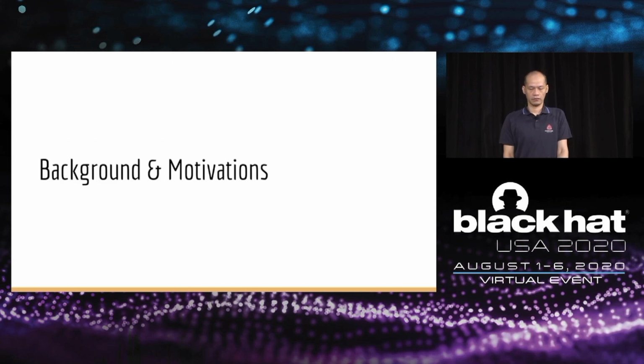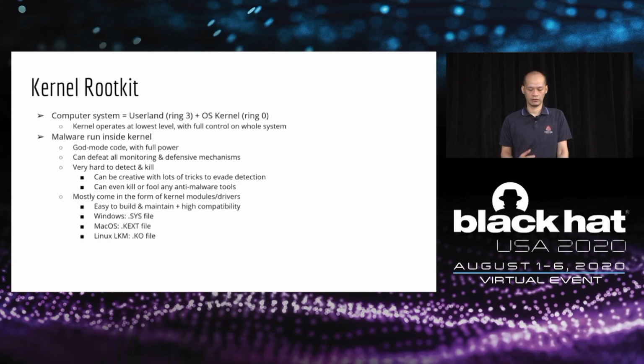Okay, kernel rootkit. We know that a computer system consists of 2 main areas with different privileges. First one is user land, which is ring 3 in x86. The second one is the OS kernel, which is ring 0. So the kernel functions at the lowest level in the system, which has full control over the whole system.